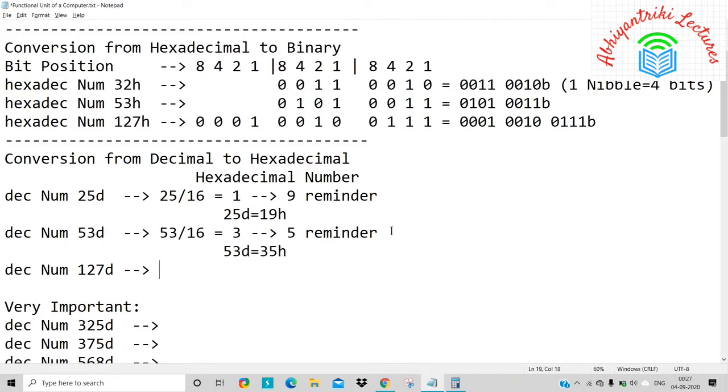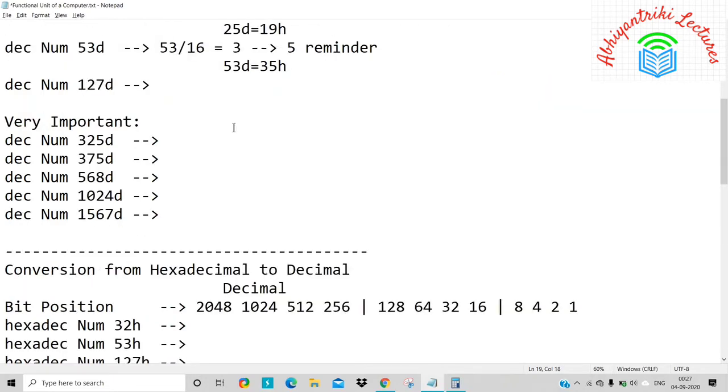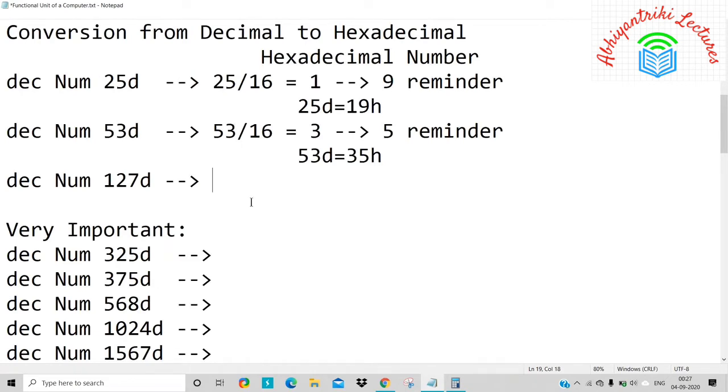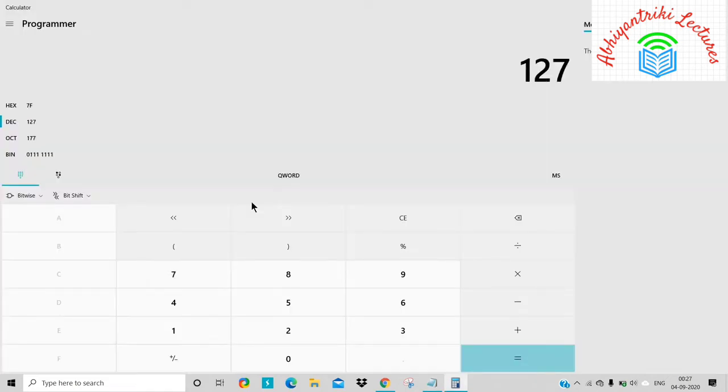And similarly 127D, how do you convert this 127D now? 127 divided by 16 is equal to 7.